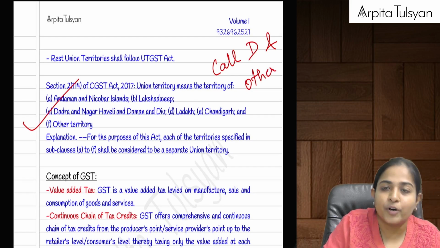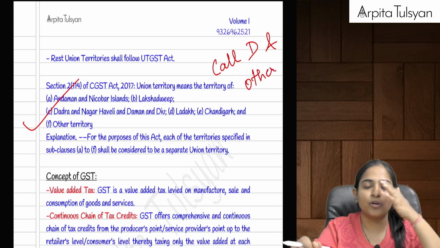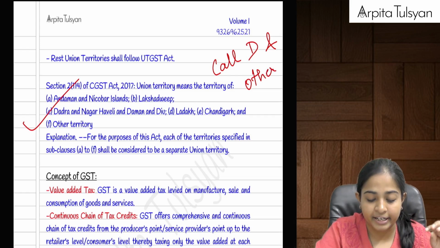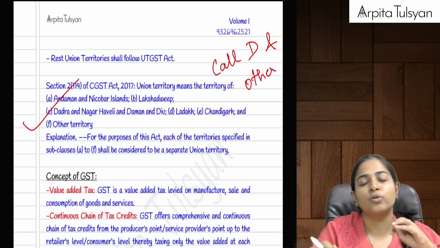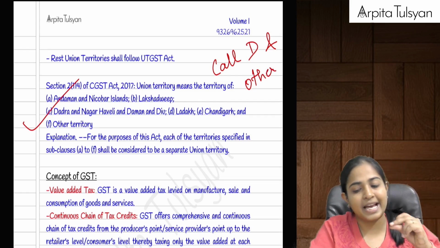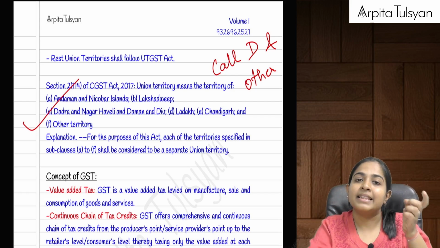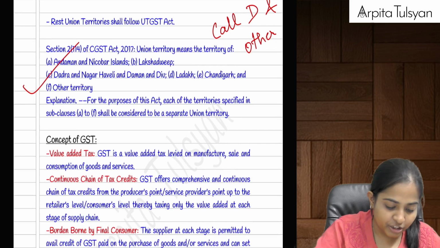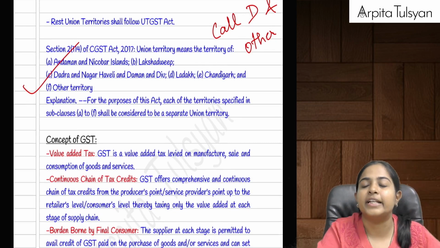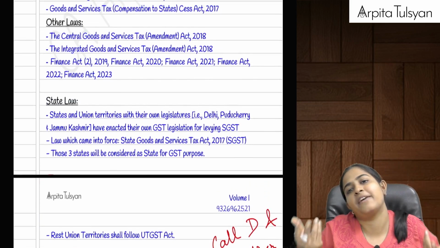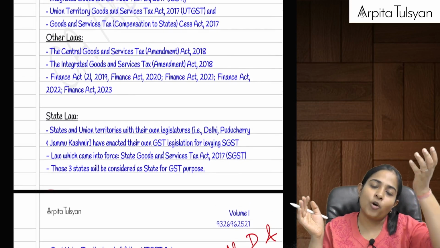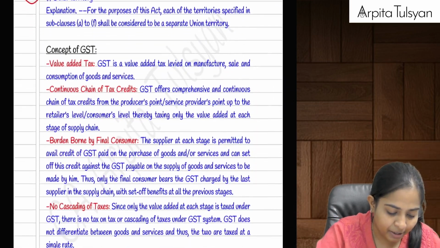That was the abbreviation, the short form to remember these union territories. These were the union territories who did not make their own state legislations, so they will be coming under the UTGST. The rest of the union territories will follow the UTGST because they have not made their own laws, so the law made by the center will be applicable to them.